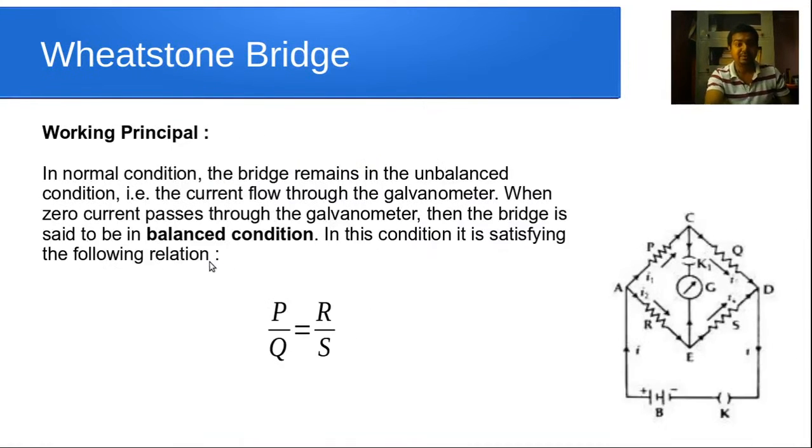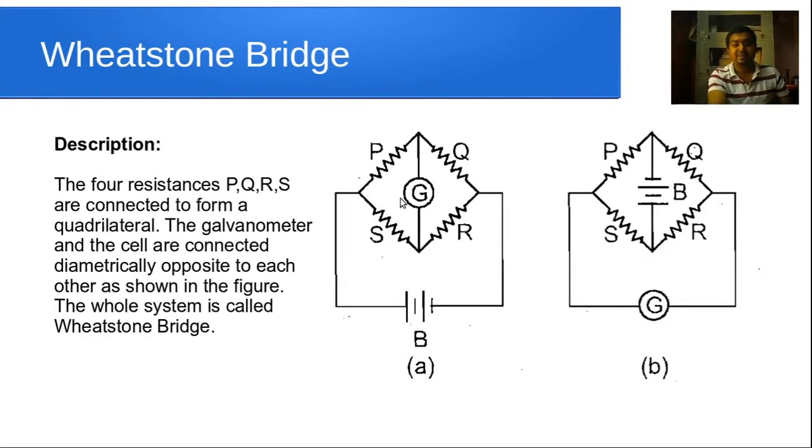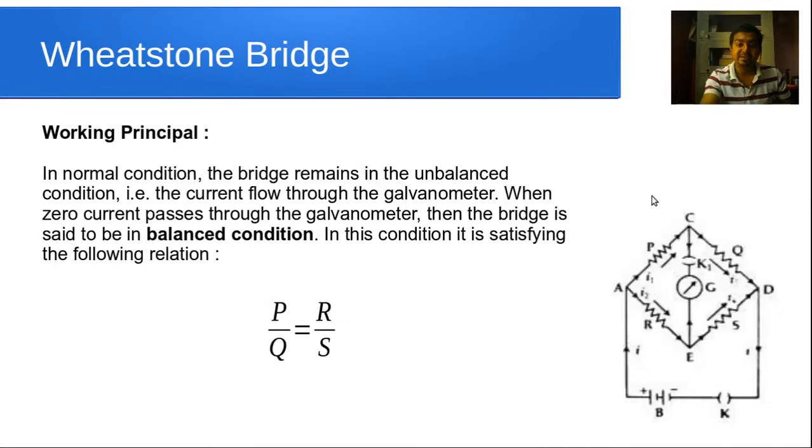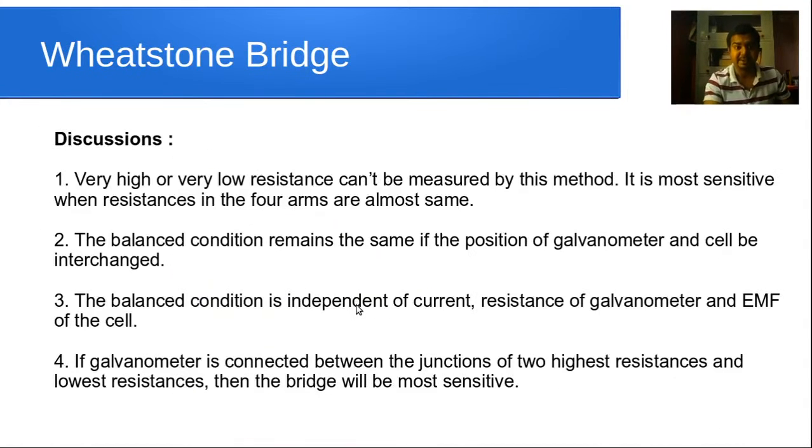As I told before, the galvanometer and the battery can be interchanged, and there is no change in the balance condition if I interchange them in their positions. The balance condition is not violated. This is the main thing.